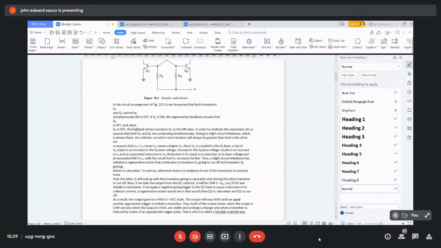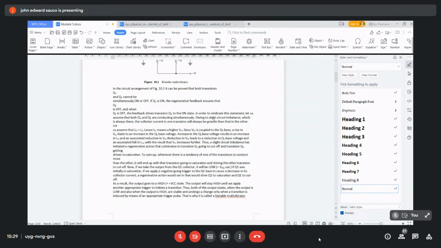When Q1 is off, siyempre si Q2 on. So in order to vindicate this statement, let us assume that both Q1 and Q2 are conducting simultaneously. So, owing to a slight circuit imbalance which is always there, the collector current in one transistor will always be greater than the other. Let us assume na yung IC2 is greater than IC1.